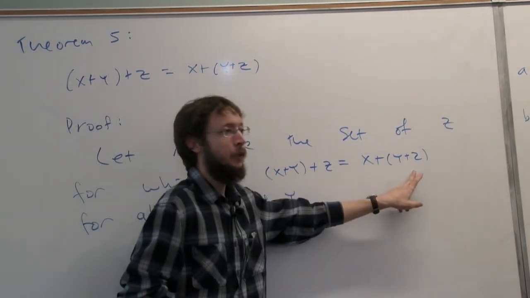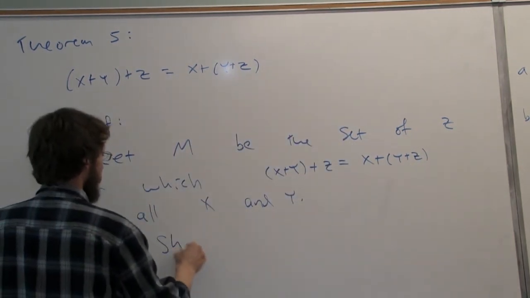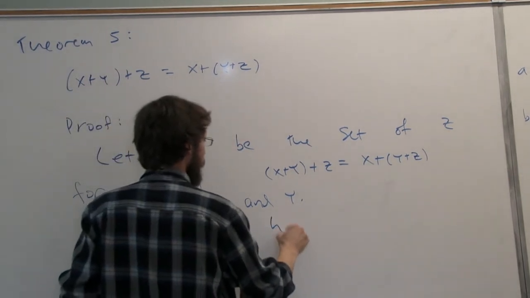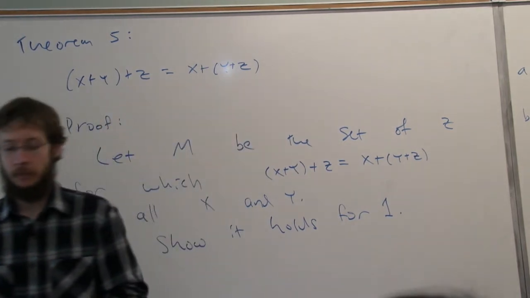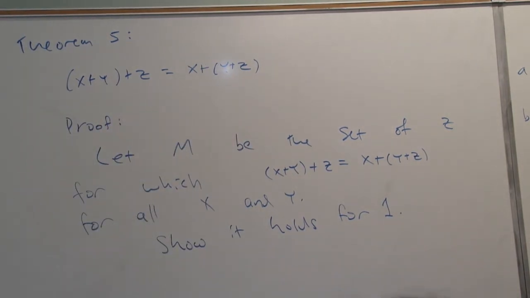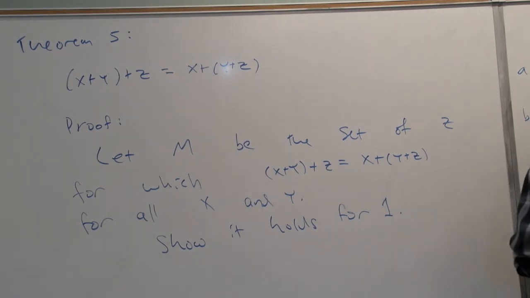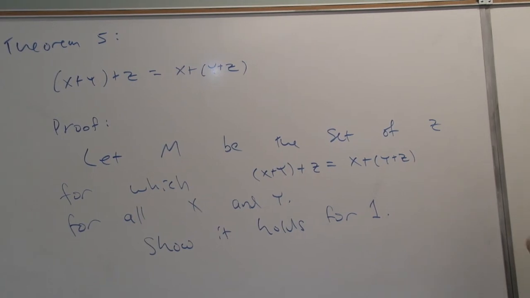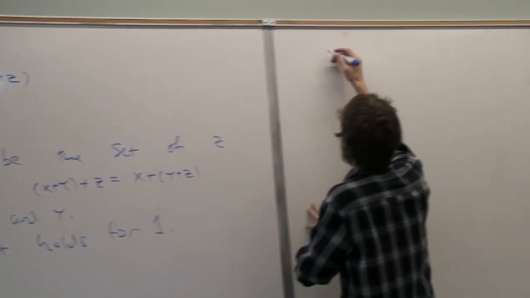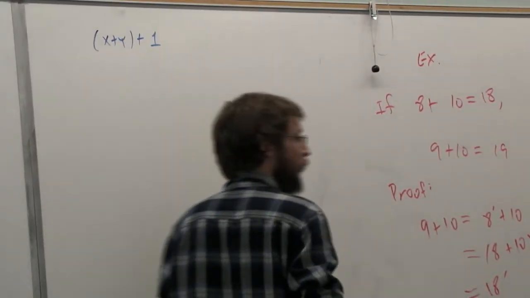We'll start by setting z equal to 1. So we're going to show it holds for 1. So let's consider this left-hand side, x plus y, in parentheses, plus 1.